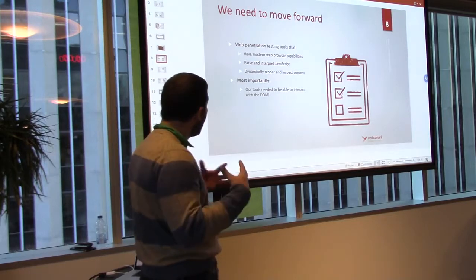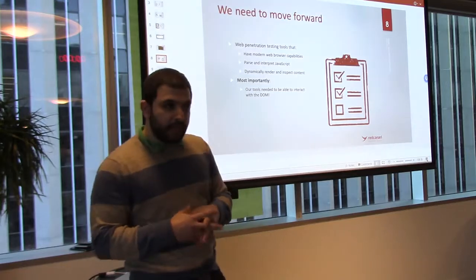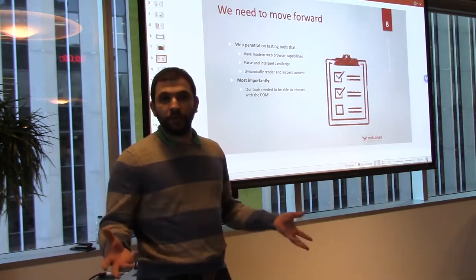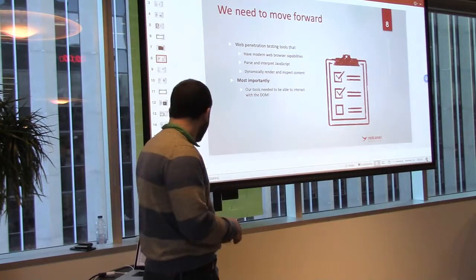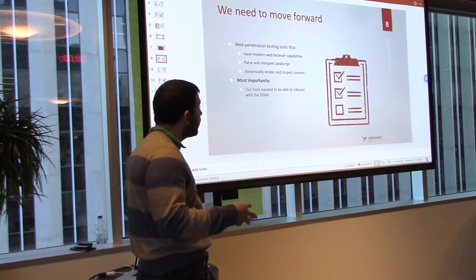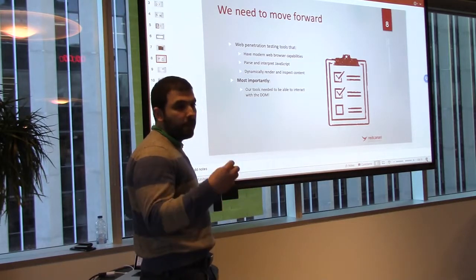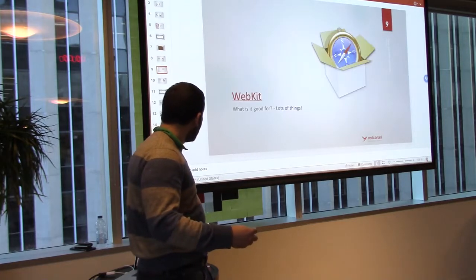We need to have modern web browser capabilities right in our toolkits. We need to start leveraging WebKit. It's open source, it's free, and it has a brilliant API. And most importantly, we need to figure out how our tools are going to interact dynamically with the domain object model that we see in web browsers today.